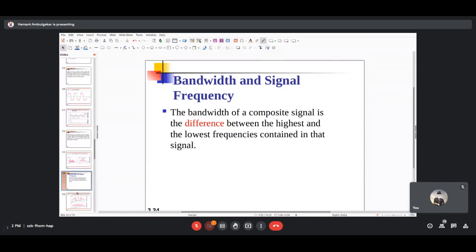Now let us discuss the next term, bandwidth and signal frequency. What do you mean by bandwidth? We might be hearing this word bandwidth many times. Bandwidth is nothing but the difference between the highest and the lowest frequencies.